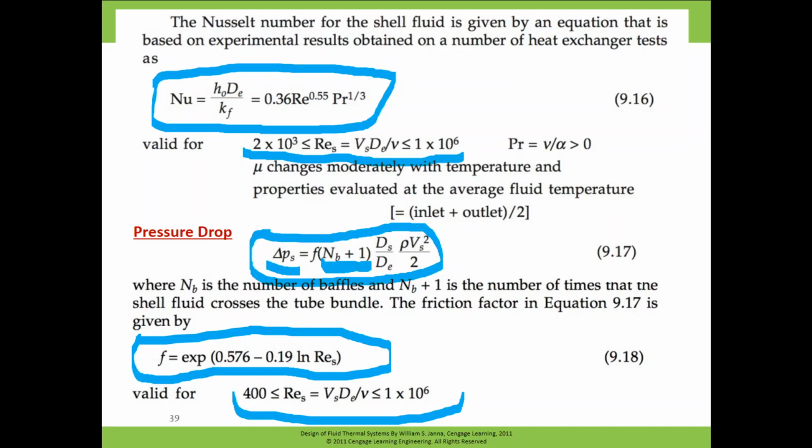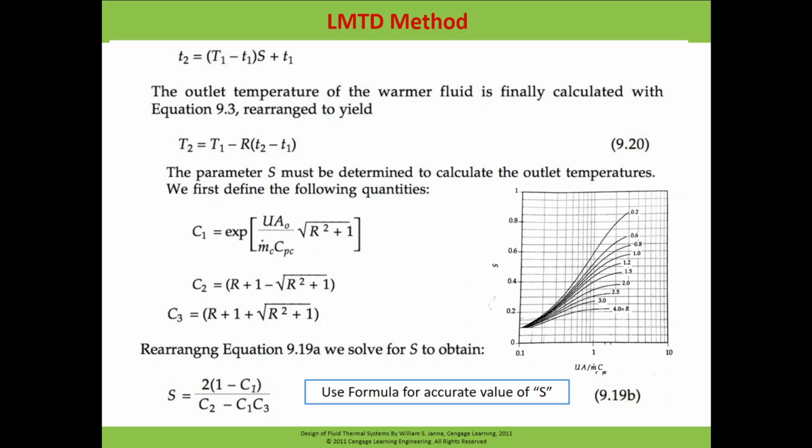Okay, so what is next? So now we know how to calculate the pressure drop and how to calculate the heat transfer coefficient and overall heat transfer coefficient for the shell and tube heat exchanger.